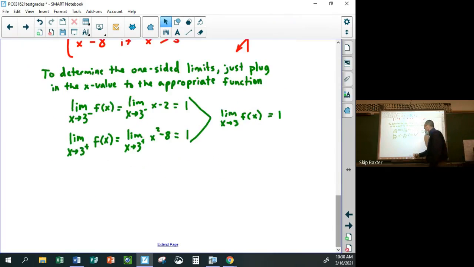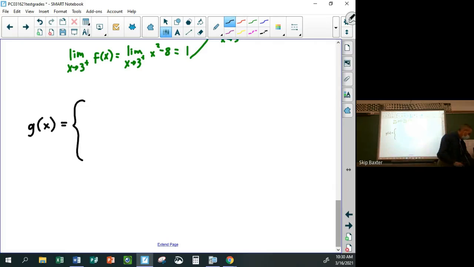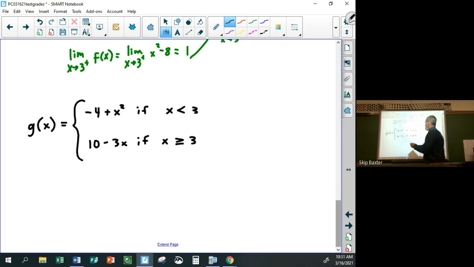Okay? Let's try again. Suppose I have g of x equals, let's say, the function negative 4 plus x squared if x is less than 3, and 10 minus 3x if x is greater than or equal to 3.